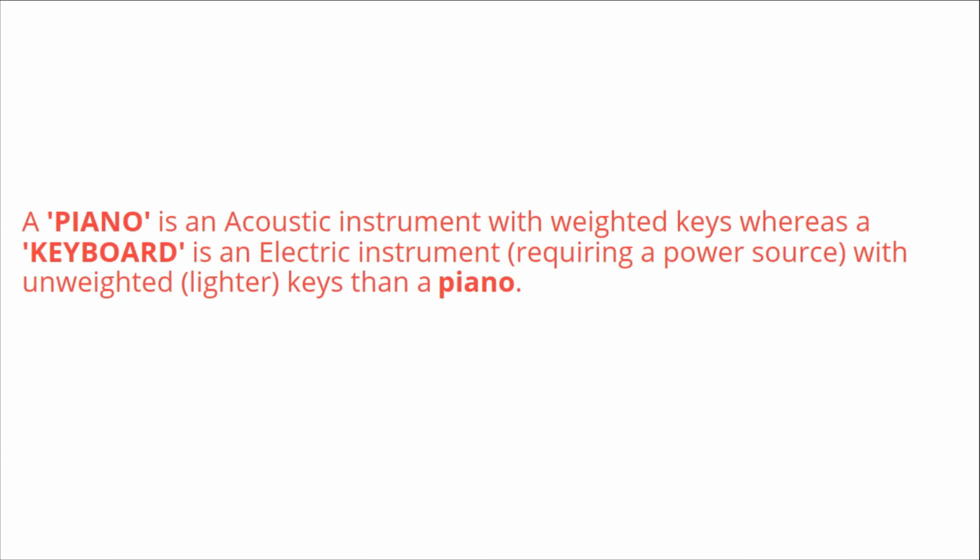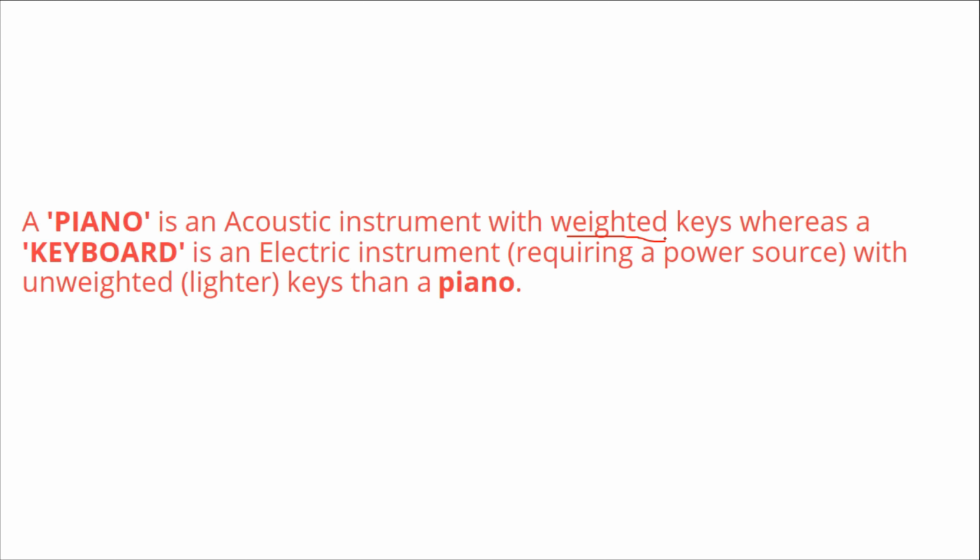A piano is an acoustic instrument with weighted keys, whereas a keyboard is an electric instrument requiring a power source, with unweighted keys lighter than a piano. Now, what do you mean by weighted keys? Weighted keys basically means the harder you press the key, the louder the sound will be. The softer you press the key, the softer the sound will be.